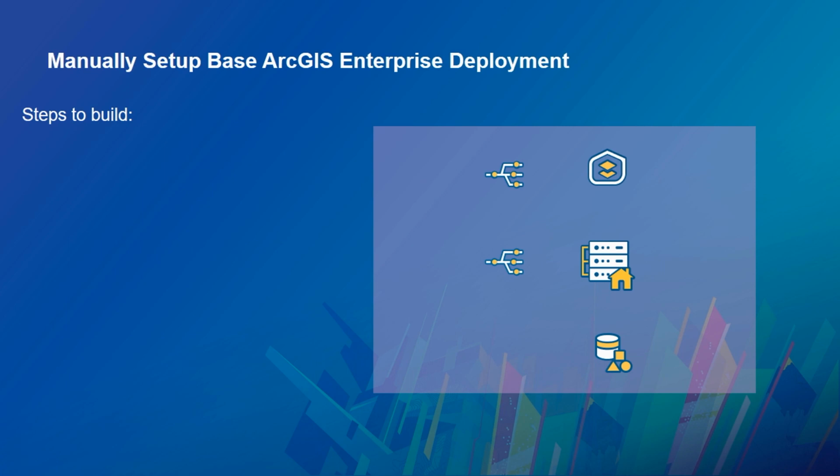Before we get into using the Enterprise Builder, I just want to highlight what's involved with manually setting up a base ArcGIS Enterprise deployment. After you've installed and authorized the software, the first step is to create the portal site. After you've done that, you create the ArcGIS server site.